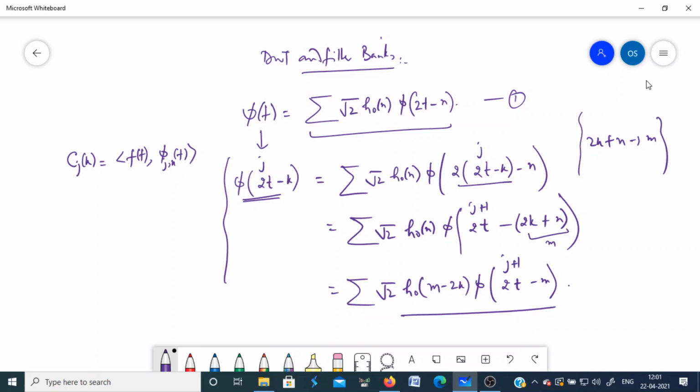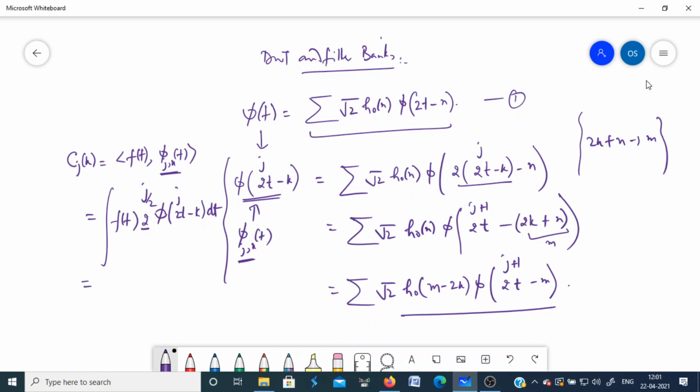This function is phi_jk(t), so the inner product becomes the integral of f(t) multiplied with 2^(j/2) phi(2^j t minus k) dt. This factor 2^(j/2) is used just to maintain the norm, as we already discussed, so that phi_jk(t) maintains its norm at every scale.